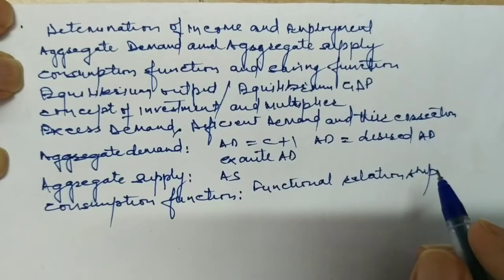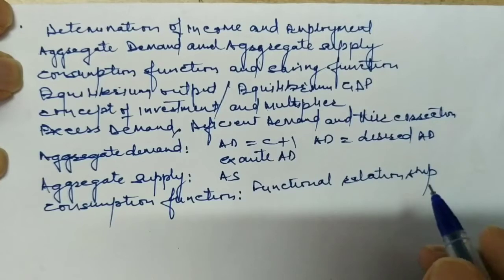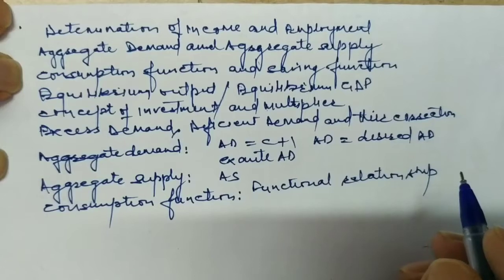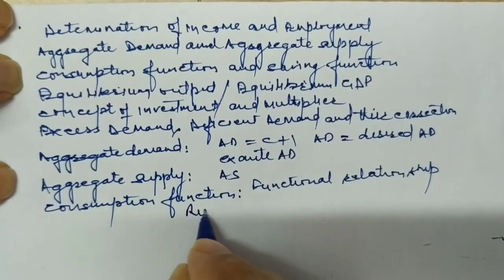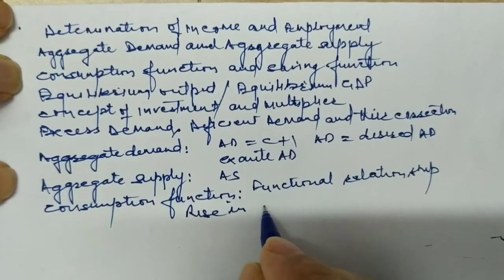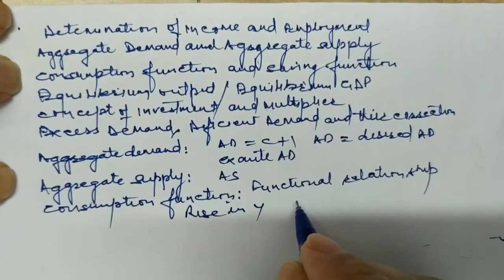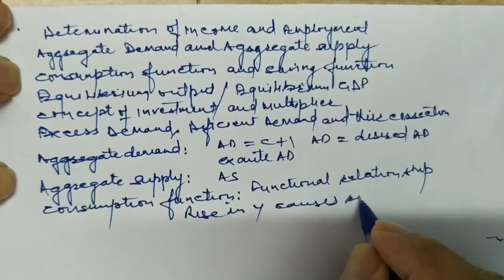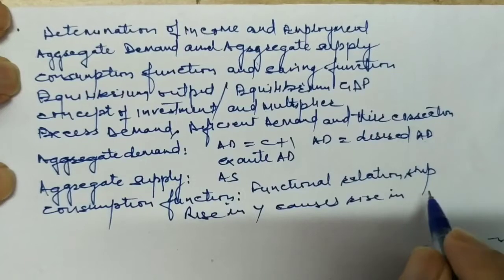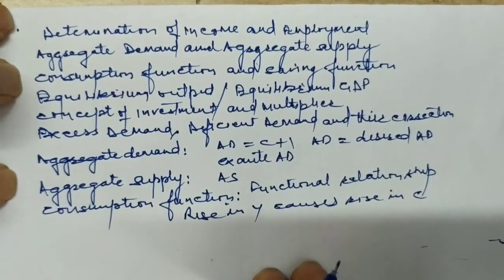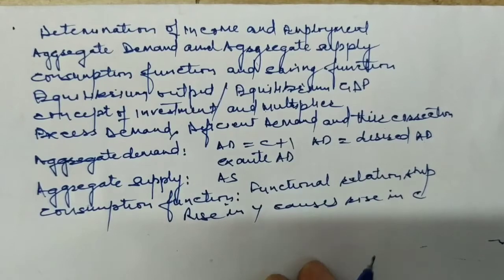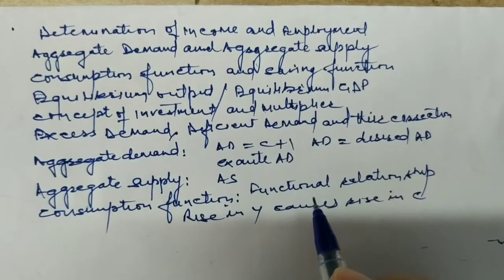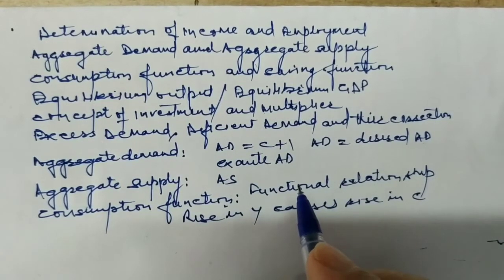As income rises, consumption also rises, that is, a rise in income causes a rise in consumption, and vice versa. Vice versa means as income falls, consumption also falls.